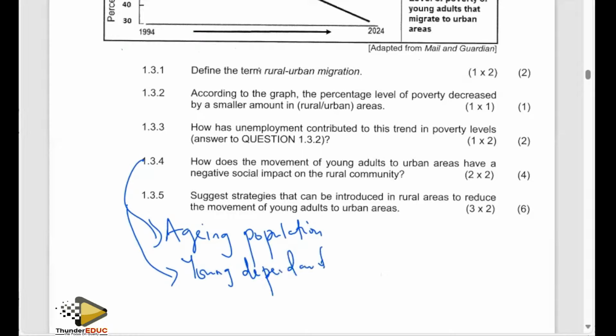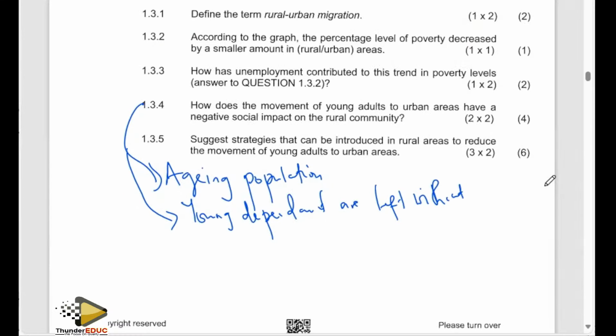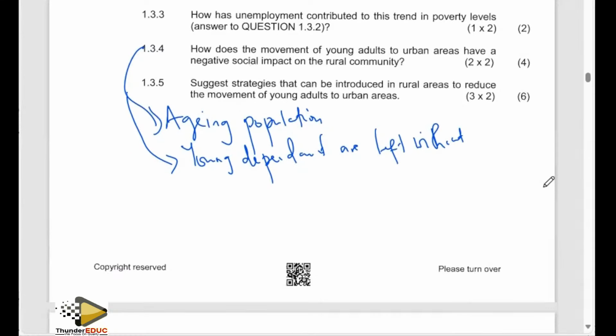The young dependent are left without care. Those who are below the economically active age population are also left in the rural areas without proper care of the economically active population. So it's a social implication that we now have kids who are left behind, who are unattended, who are supposed to be attended by those young adults.